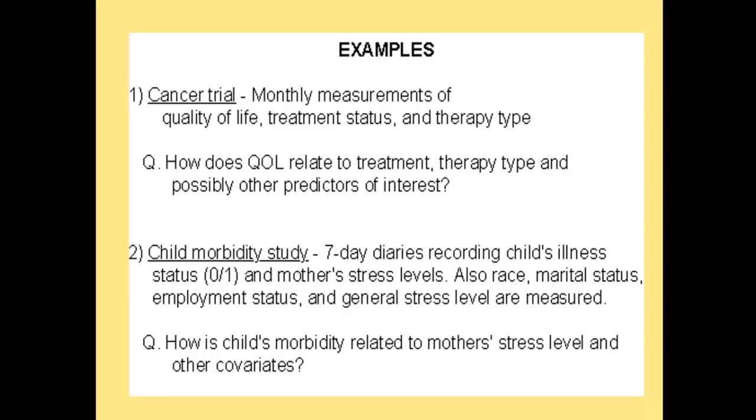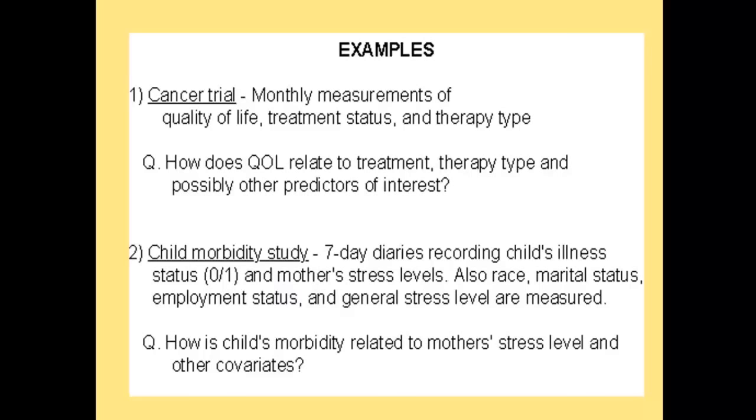Remember when we talked about survival analysis, we talked about time-independent and time-dependent variables? If you're measuring mother's stress level at each one of those 7 days, that's a time-dependent variable. So it could be your main variable of interest, a time-dependent independent predictor, as opposed to a time-independent variable.